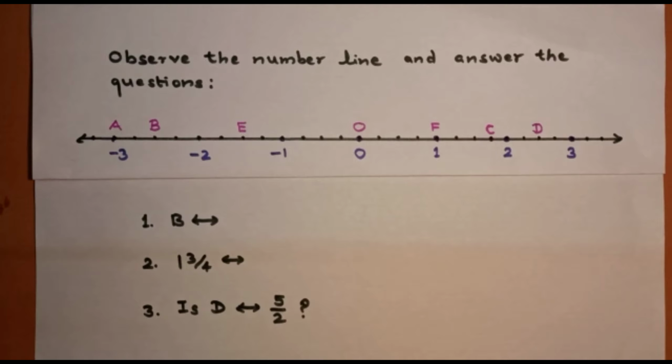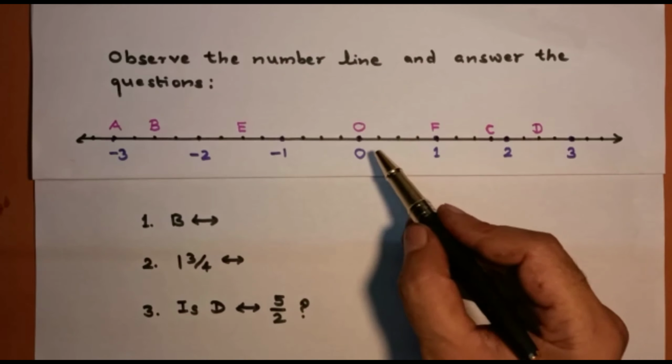Now the next question is, observe the number line and answer the following questions. First question is, which number is indicated by point B? Now let's observe the number line.